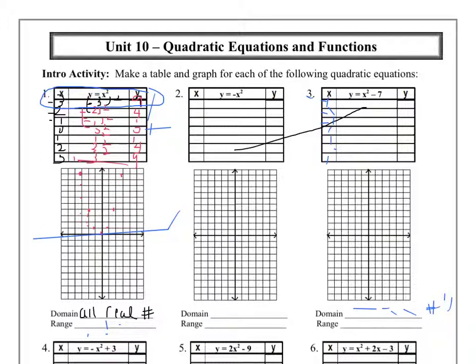All right. Plugging in, I have x, which is -3. So -3 squared minus 7 is going to give me 2.